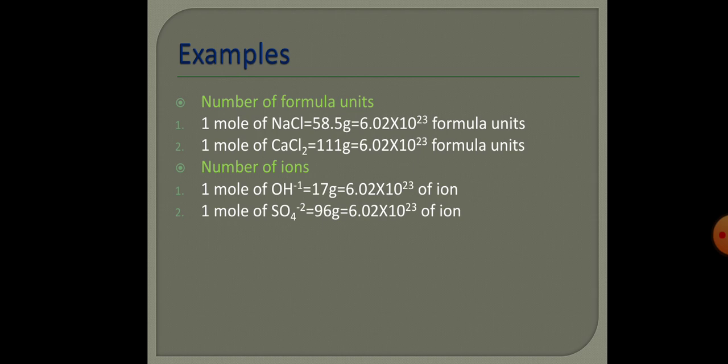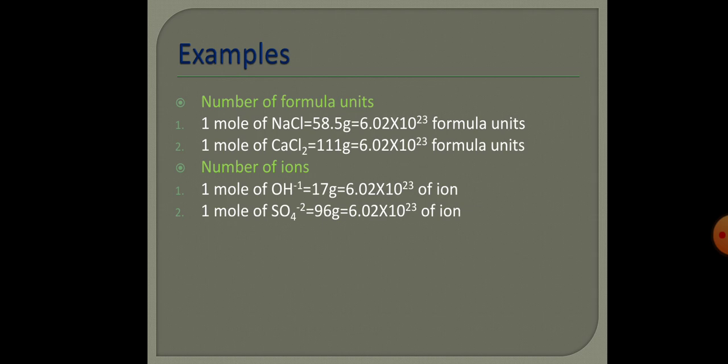Like NaCl, if we are going to take 58.5 gram NaCl, then this 58.5 gram of NaCl contains 6.02 × 10^23 formula units. Same is the case with calcium chloride. If we are going to take 111 gram of calcium chloride, then that amount is 1 mole and 1 mole again contains 6.02 × 10^23 formula units.